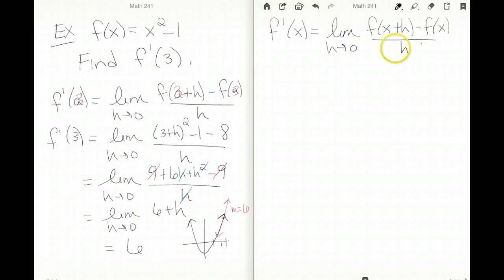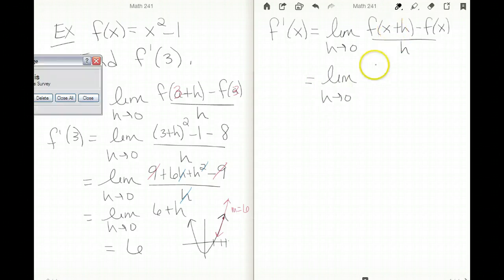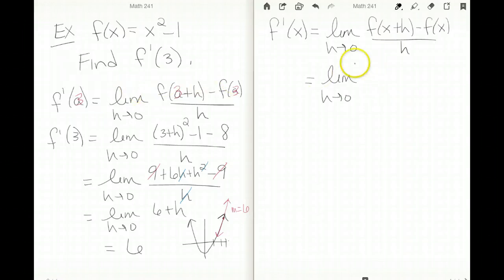Let's see how that works. So I again put in x plus h. We do x plus h squared minus 1 minus f of x, which is x squared minus 1, but I have to be careful to subtract away all of f of x, divided by h.